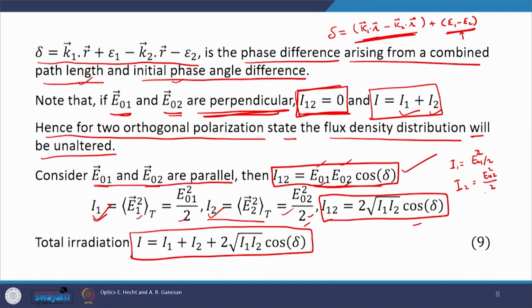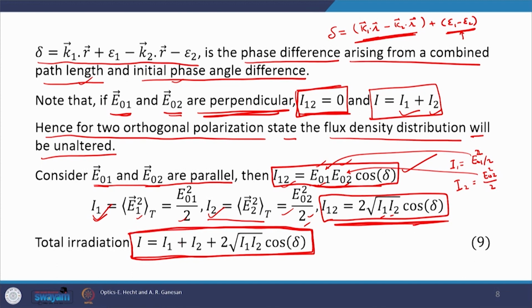Once you know this expression, you can substitute for E naught 1 and E naught 2 here, then you can express I12 in the form of I1 and I2, which is given here. Once you know the expressions of I1 and I2, the resultant irradiance is given by equation number 9.